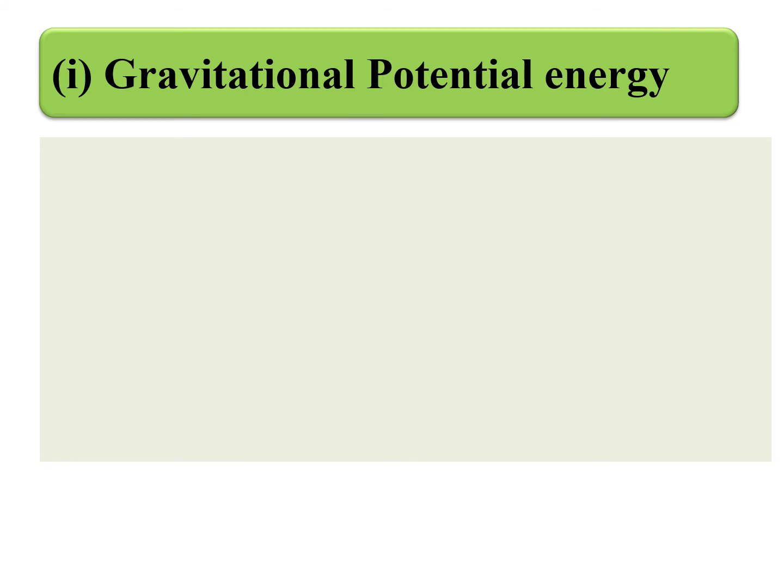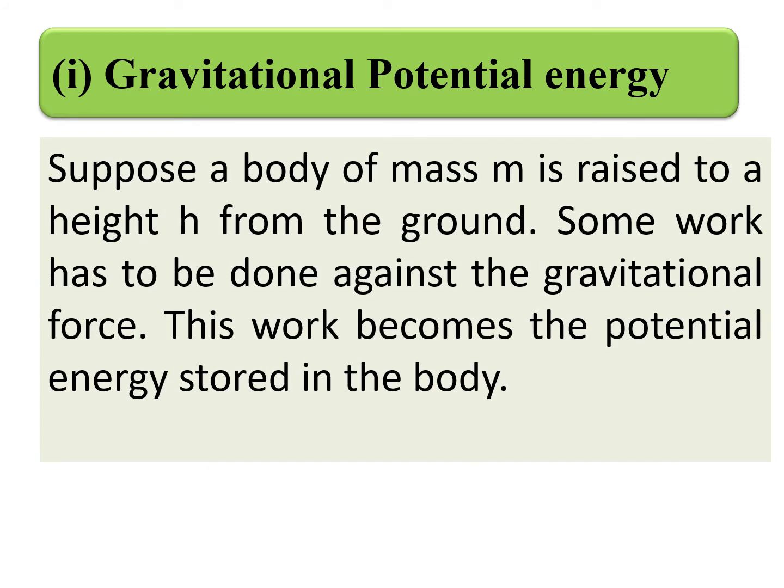What is gravitational potential energy? Dear students, suppose a body of mass m is raised to a height h from the ground. Some work has to be done against the gravitational force. This work becomes the potential energy stored in the body.